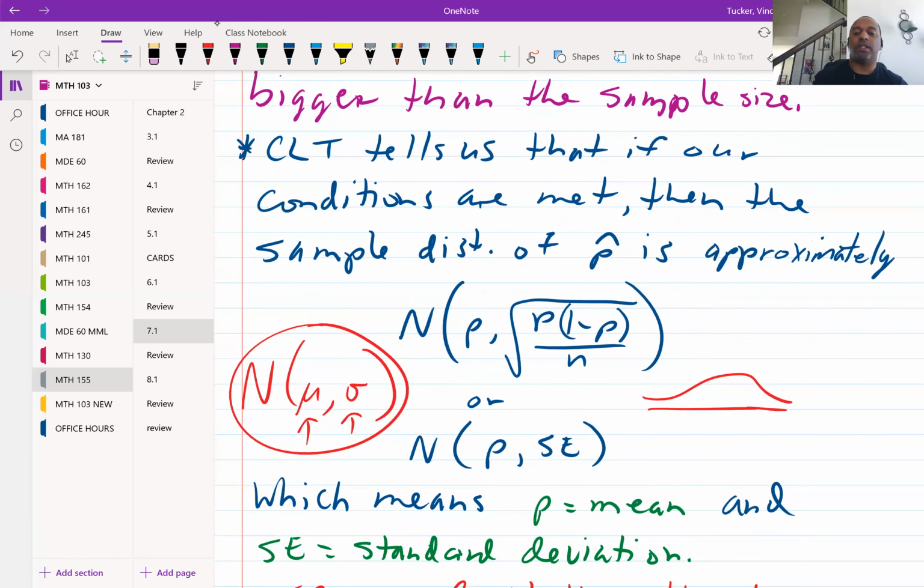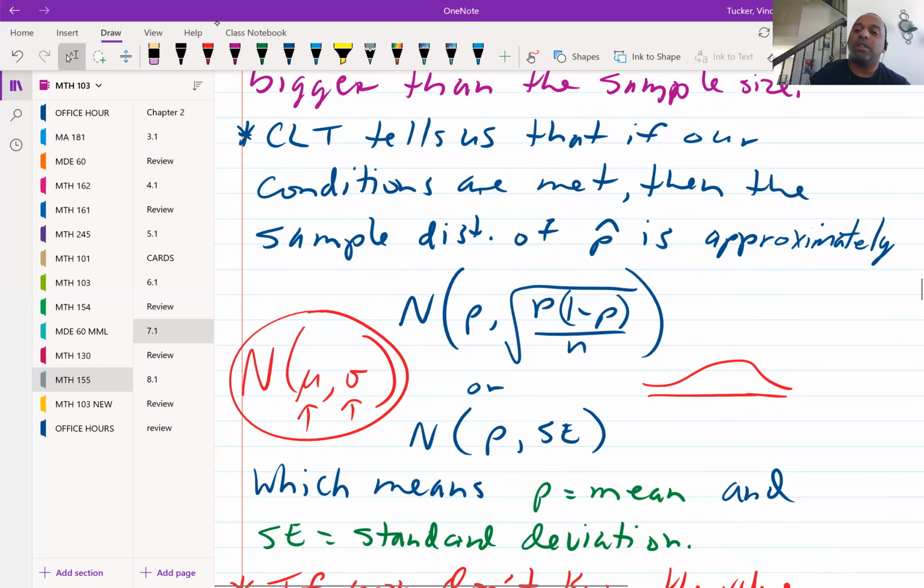So it's telling you that p would be your mean, then the square root of p times 1 minus p over n would be your standard deviation. But also don't forget that that is also your standard error. We talked about that last section.